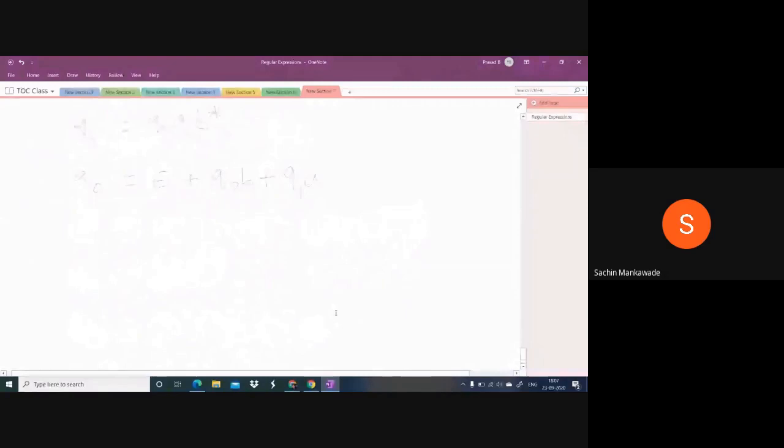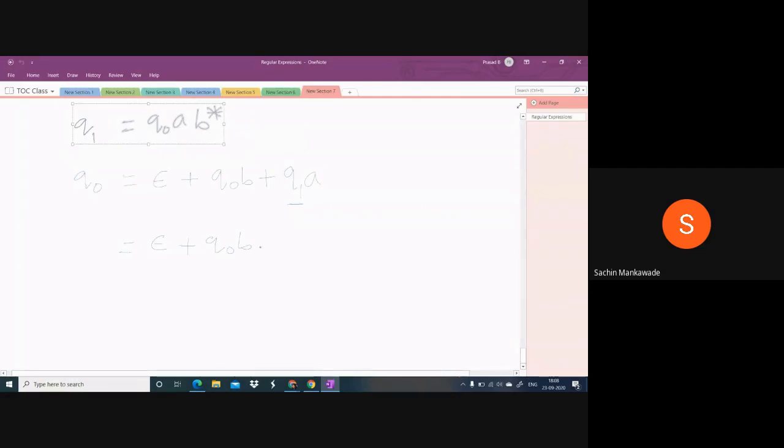Now, here this Q1, already we have done something. In Q1 place, whatever we got, the equation for this Q1: Q1 equal to Q naught AB star. This Q naught AB star we substitute in Q1 place.